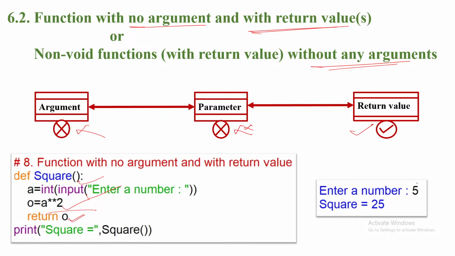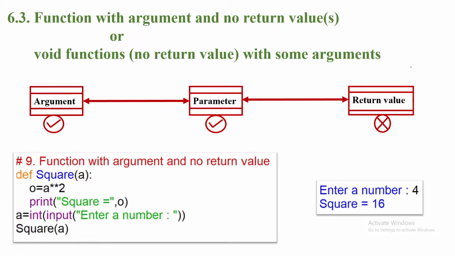When we return it, we call it here and it fetches the data. This function has no argument, not passing any argument, and no parameter, not receiving any parameters, but returns the value. Whenever you call the function, it returns some value and sends it back. So enter a number 5, the square comes 25.